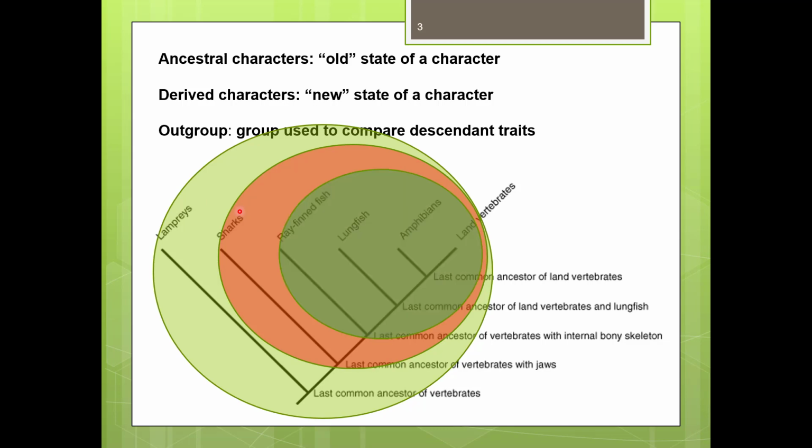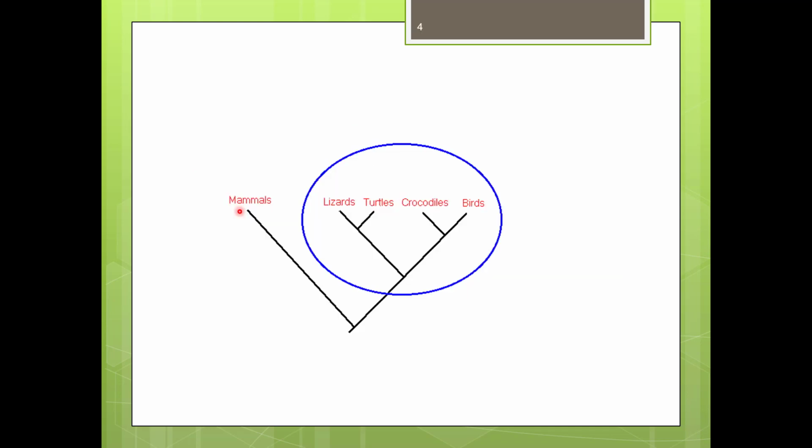And within that clade, we have a clade that has bony skeletons, and within that clade, we have organisms that have lungs, for example, and so on and so forth. Okay, so there are clades nested within clades. Just like a kingdom has a lot of species in it, these clades have a lot of other clades within.